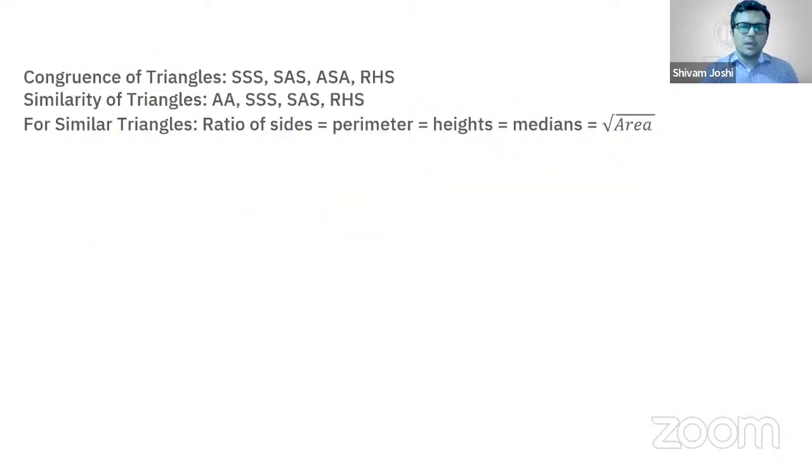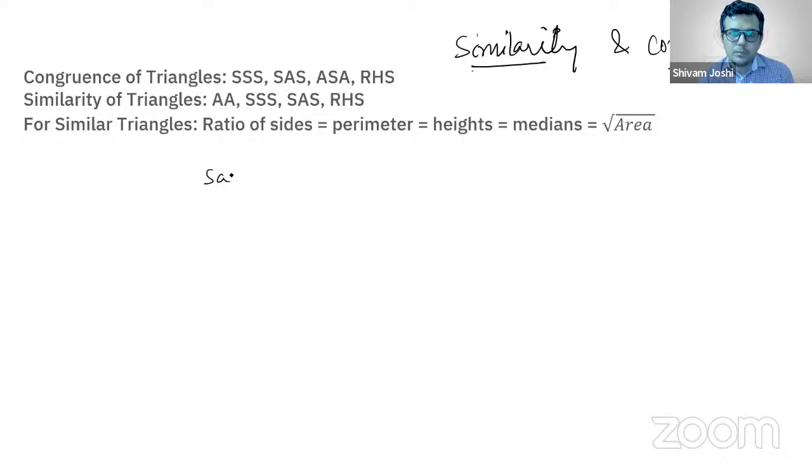Okay, this is the next point, similarity and congruence of triangle. First of all, what is a similarity and what is a congruence, right? So I can say that similarity is where you have same shape.